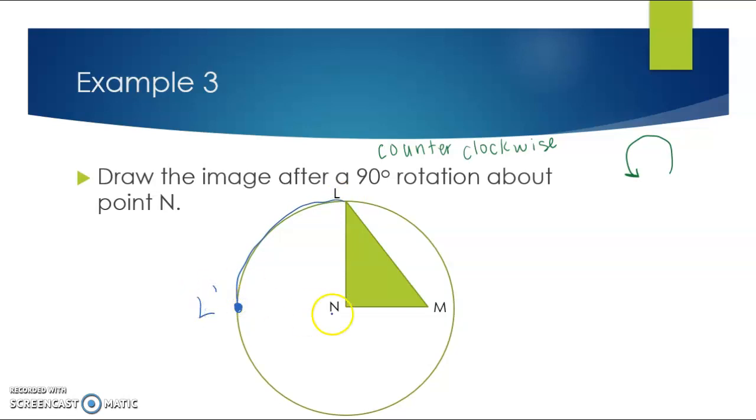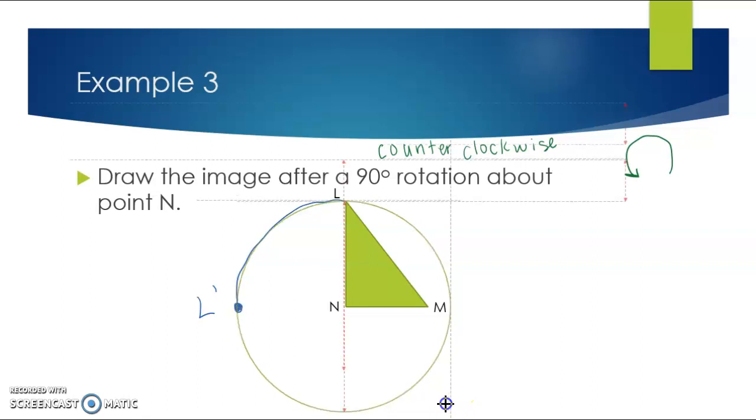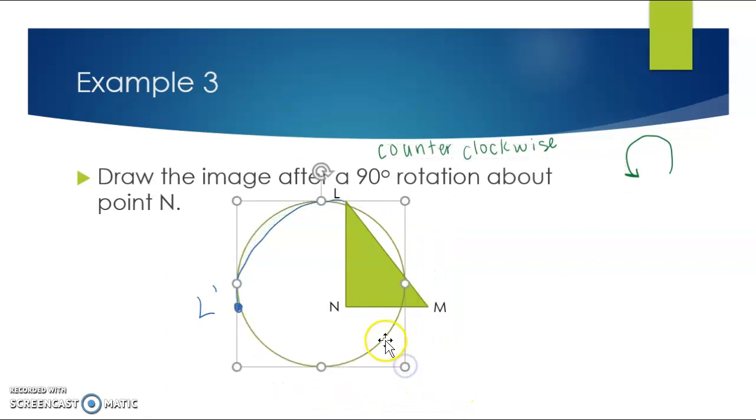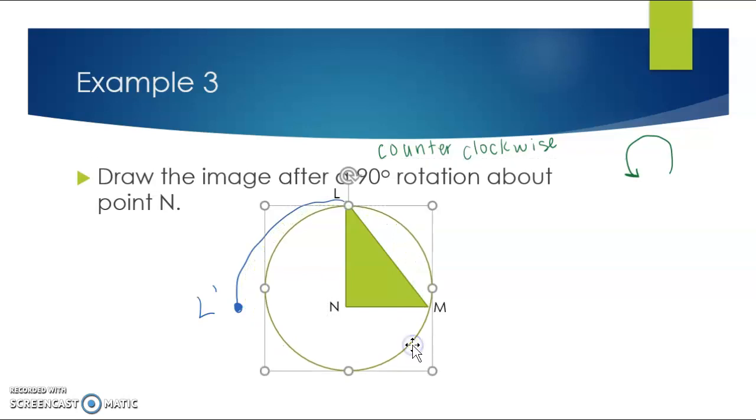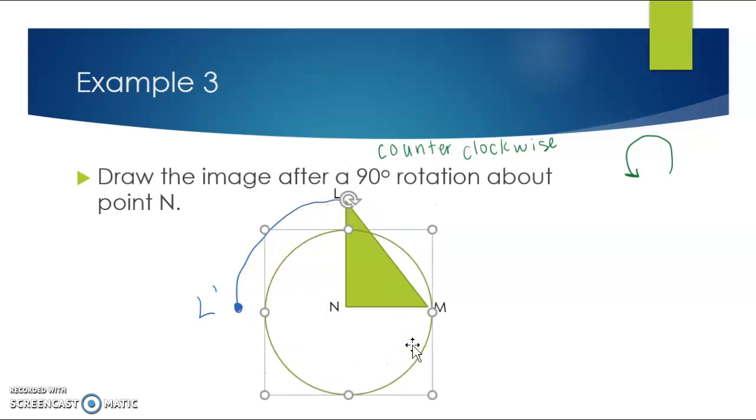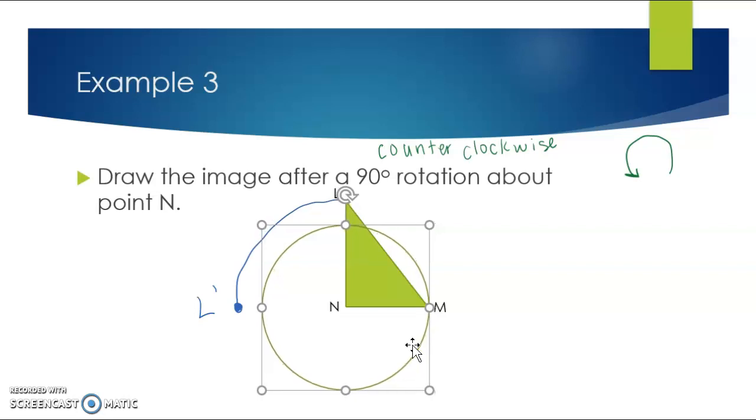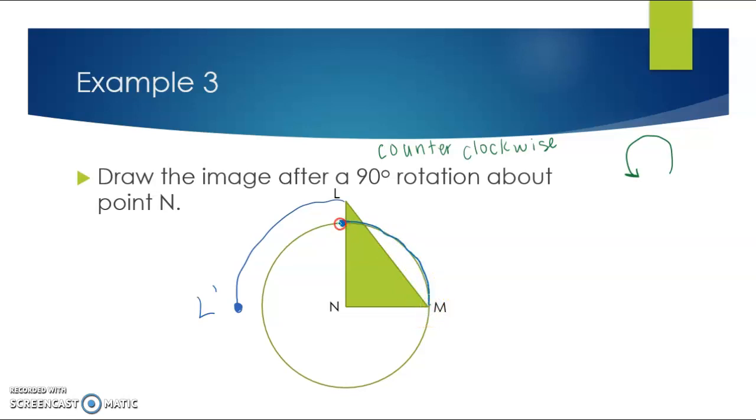Okay. Now, if I want to move point M 90 degrees counterclockwise, I am going to do this. It's a really rough estimate. I would be able to do this part better in person. Yeah, that looks good. And so then I'm going to move point M 90 degrees around the circle, and it would go right here, M prime.